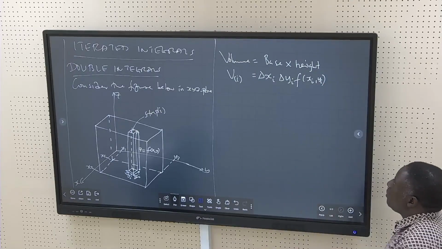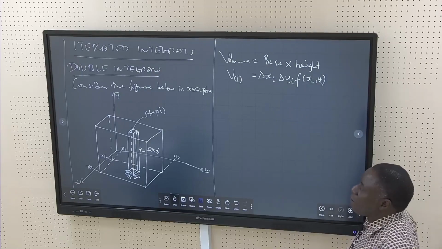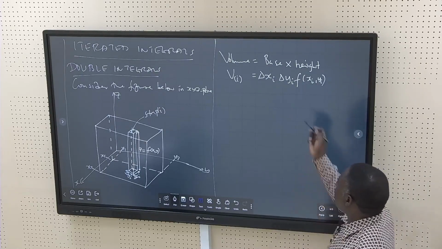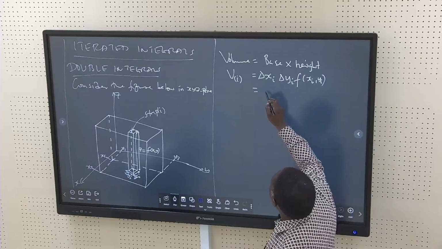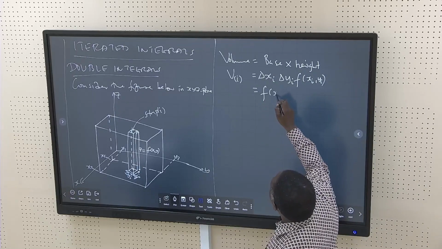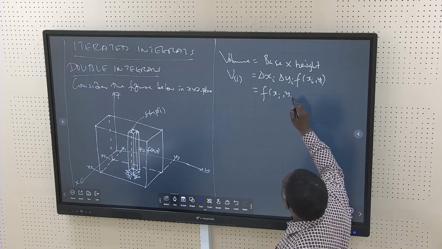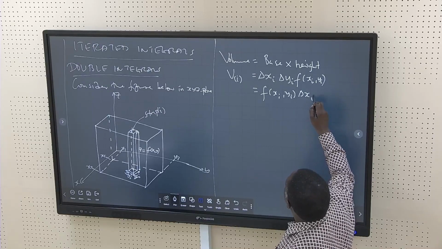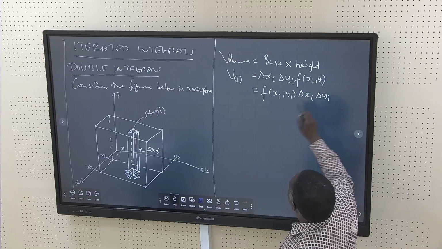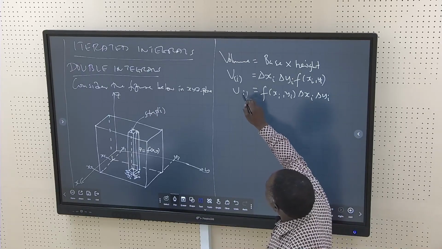So you find the volume, which is the base area times height. This is the volume of block i.